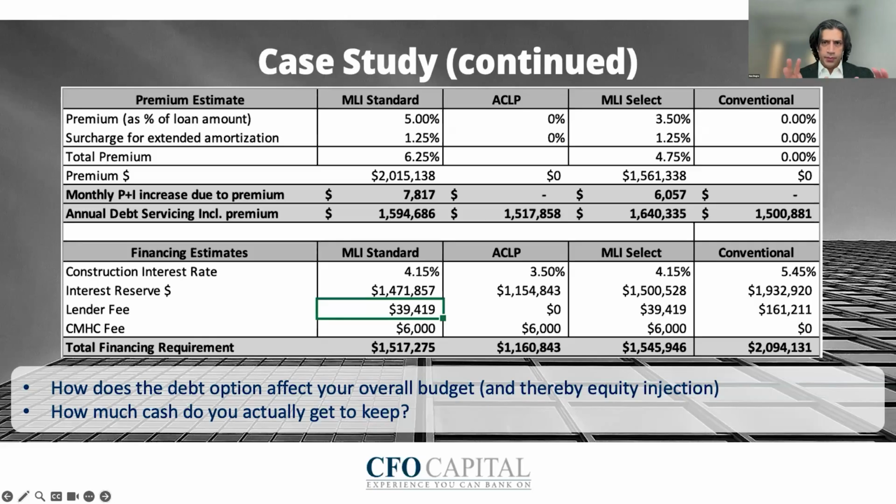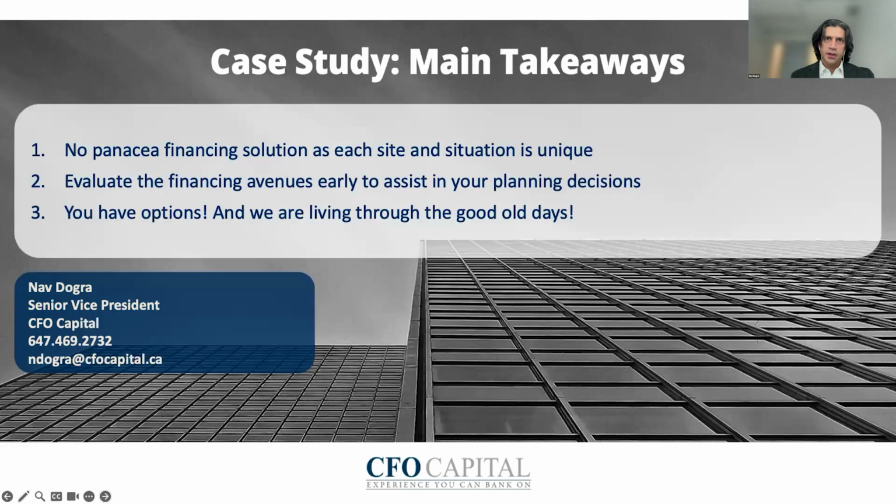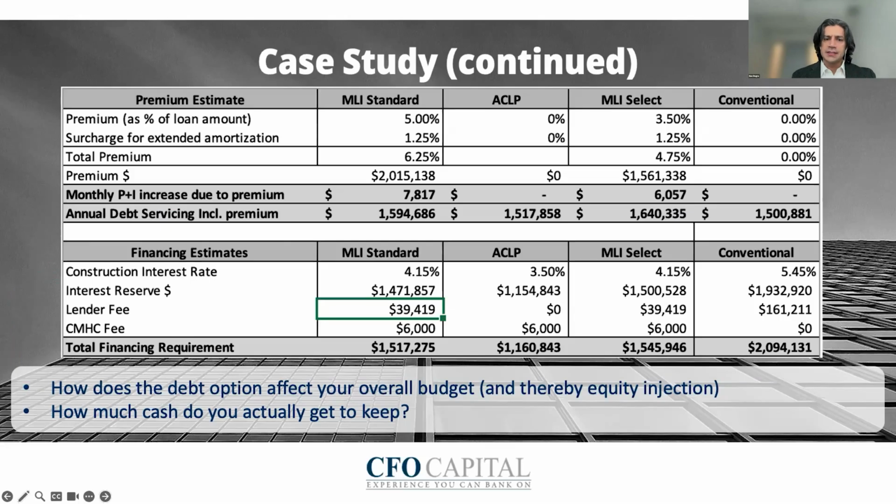So the big takeaway here is when you're sizing up your debt, which option requires the lowest amount of capital outlay? That's the objective. And how much money do you get to keep in your pocket? Because otherwise, what's even the point?